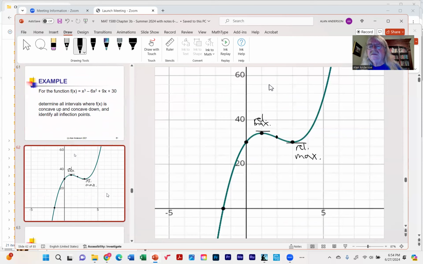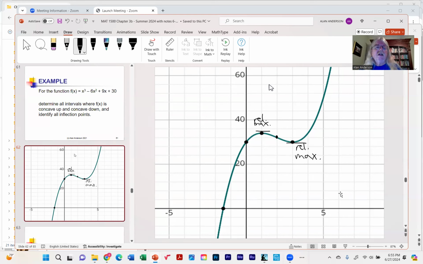It's cubic, and it has that traditional curve. Cubic functions tend to be curved in a specific way. And you can see we do run across a relative maximum because the slope of the tangent line is 0, and a relative minimum. But how do we know which is which? And then while we're at it, how do we know what's going on with the inflection points?